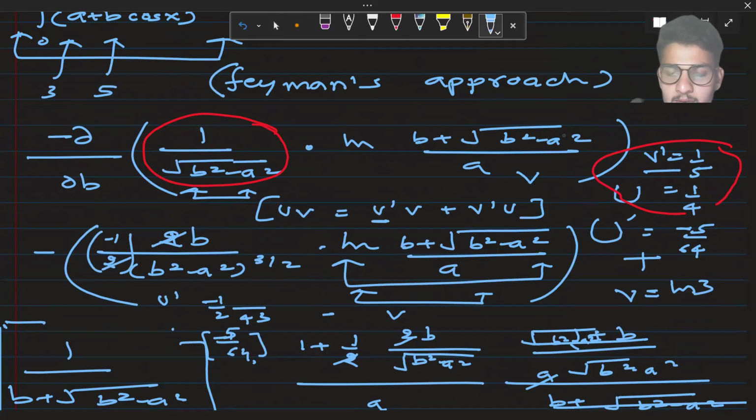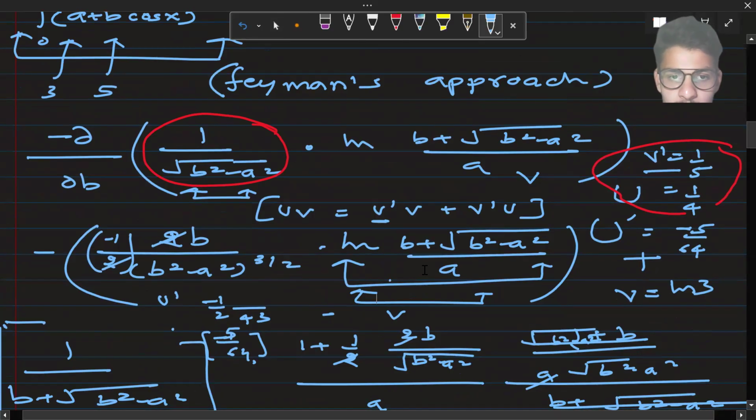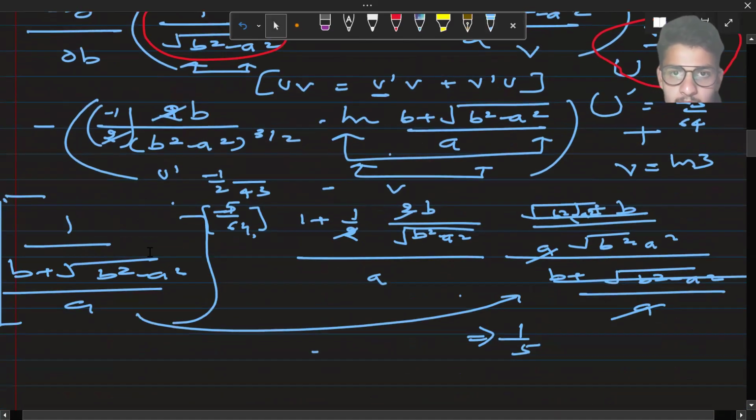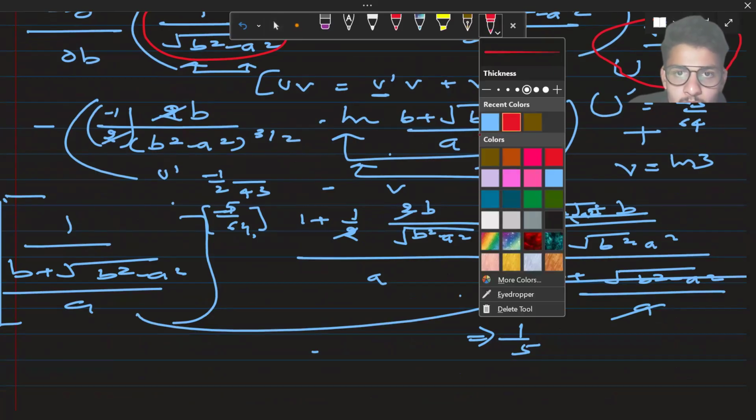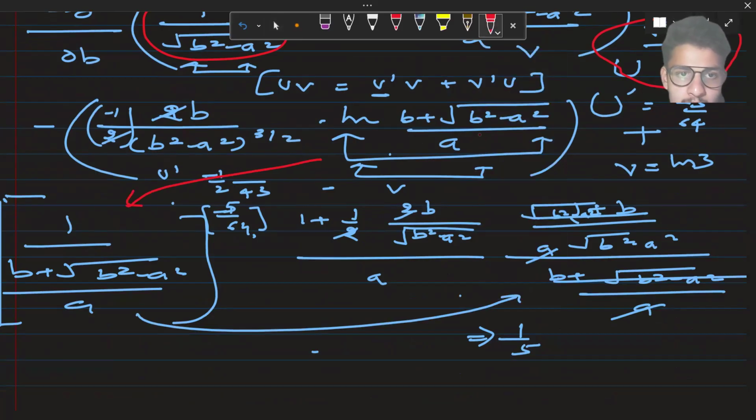And v dash, we have differentiated it. Again, 1 plus v. First of all, in the denominator b plus root over b square minus a square upon a, due to the composite function. Now differentiating this part with respect to b, 1 plus 1 by 2 root, 1 by 2 is there, so it will be at the denominator and 1 by 2 will get multiplied with 2b.